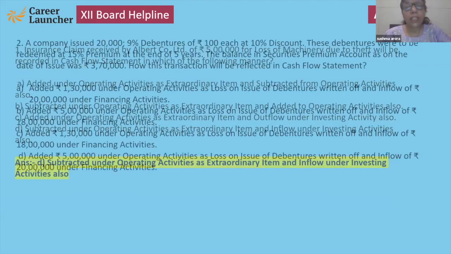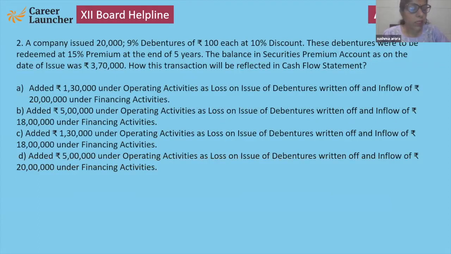Now come to the next. In this question, maximum students have doubt. Company issued 20,000 9% debentures of 100 each at 10% discount. I gave that question on the Telegram channel, but maximum students are confused in this question.